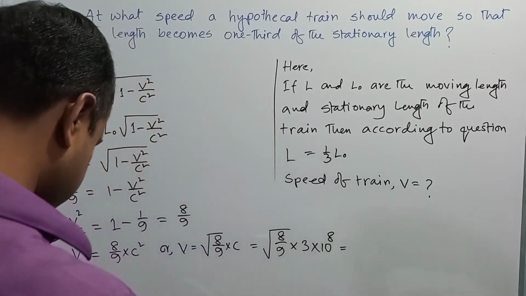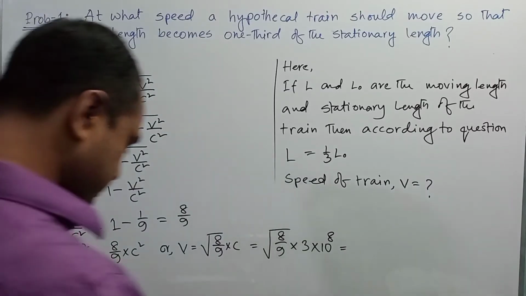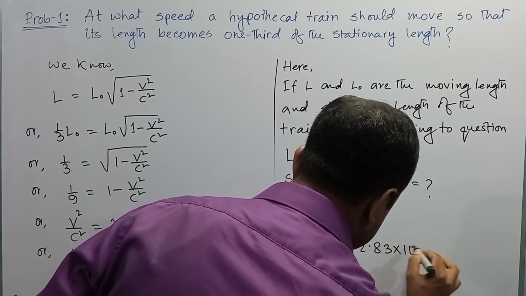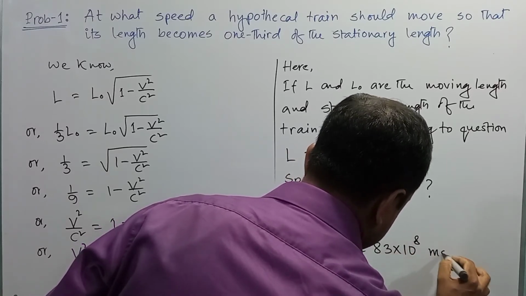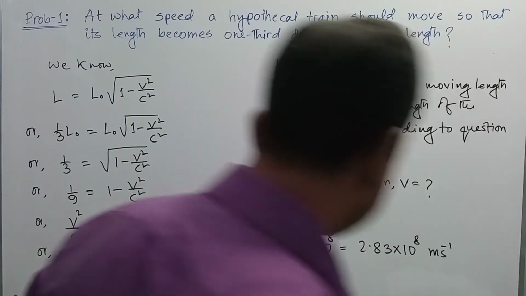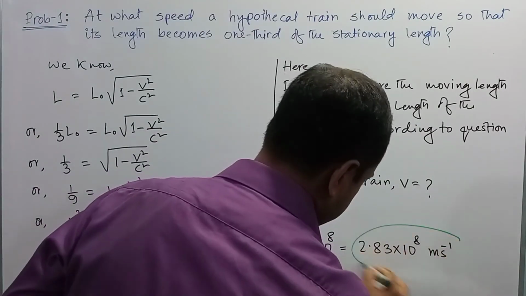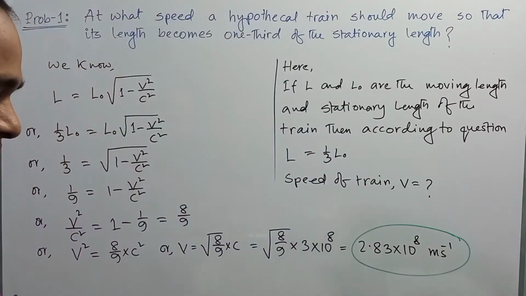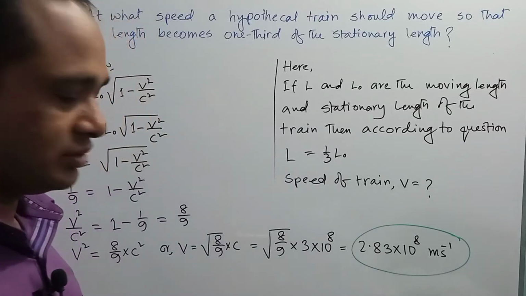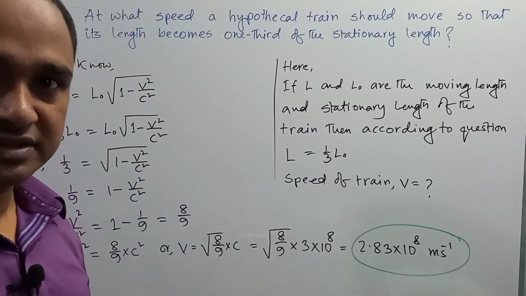After the calculation you will get 2.83 into 10 to the power 8, and the unit will be meter per second. So dear students, this is the required speed of the train at which the moving length will be 1/3 of the rest length, right?